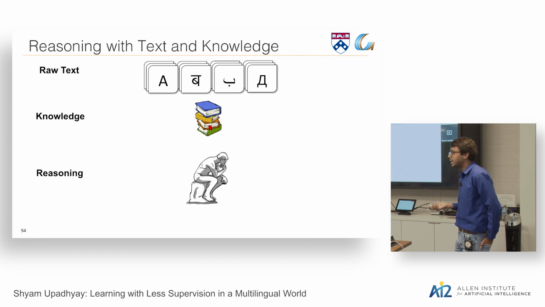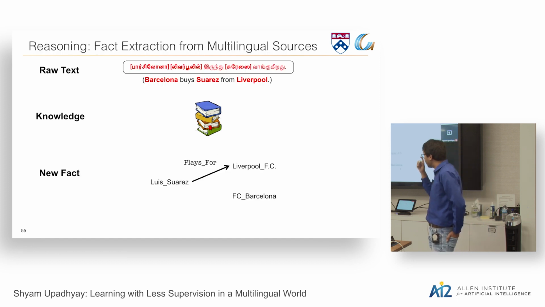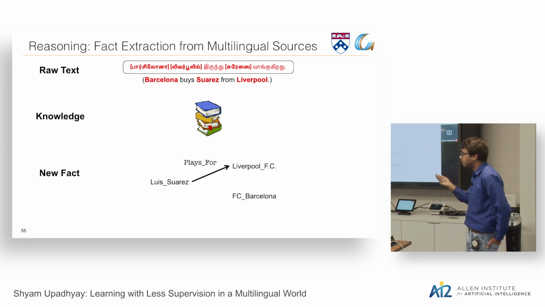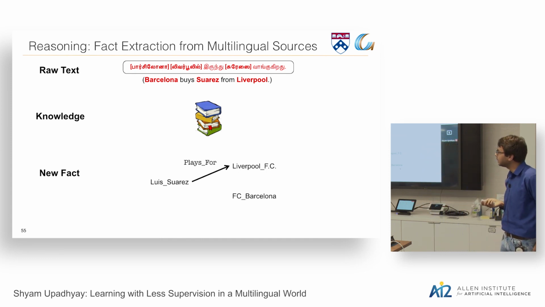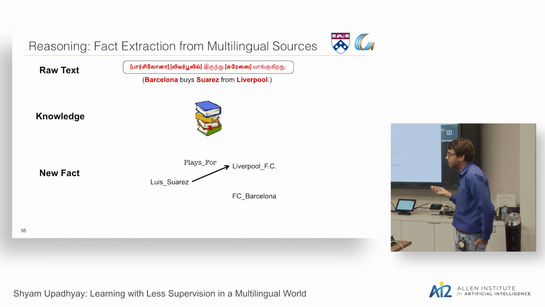This reasoning can come in many forms. For instance, it can be extracting new facts from multilingual news sources. So if a news source in Tamil expresses that Barcelona has bought Suarez from Liverpool, you can update the edges in your knowledge base appropriately.